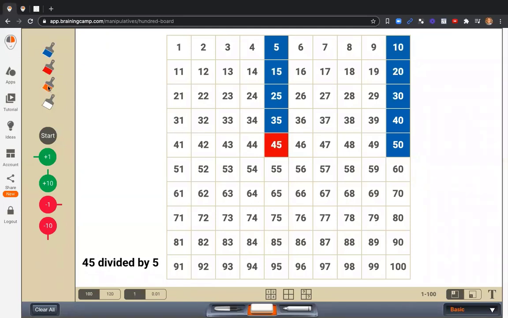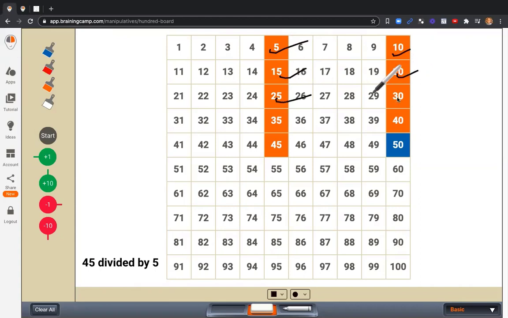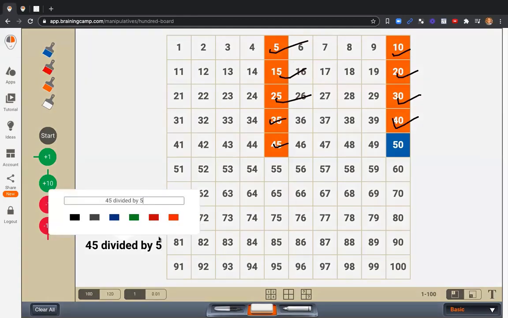I'm going to skip count by 5s until I get as close to 45 as possible without going over. 5, 10, 15, 20, 25, 30, 35, 40, 45. That's 1, 2, 3, 4, 5, 6, 7, 8, 9 groups of 5. So 45 divided by 5 equals 9.